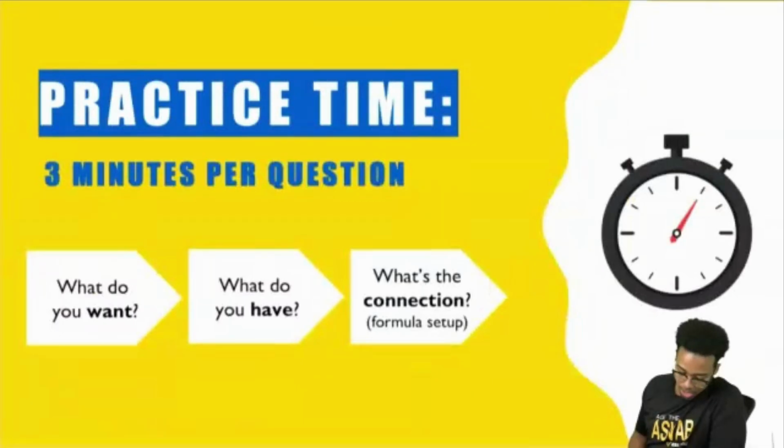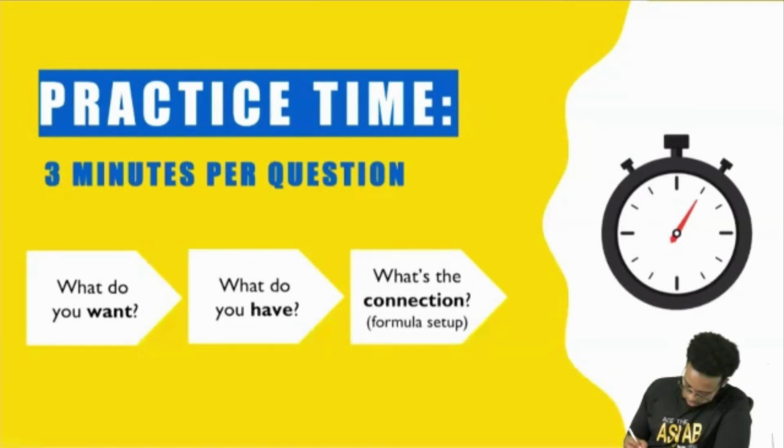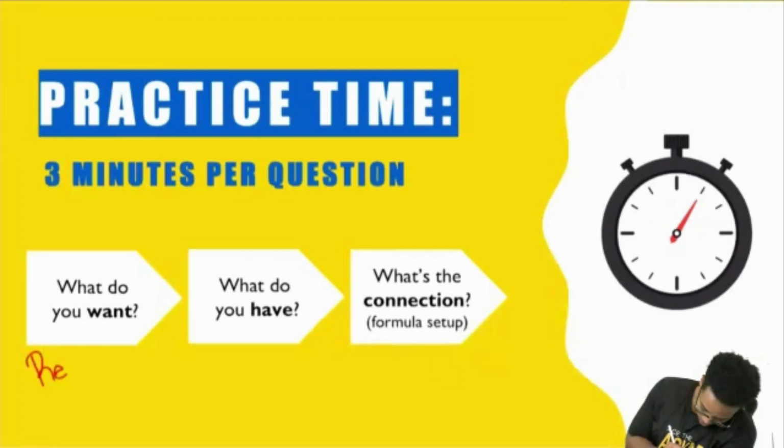Let's go ahead. Practice time, 3 minutes per question. Remember, start off with what you want. Everybody, what does that refer to? That's right. Read the question. You want to read the question first.